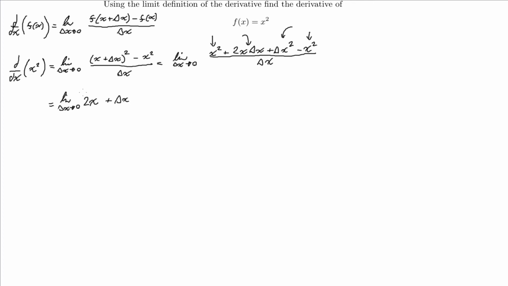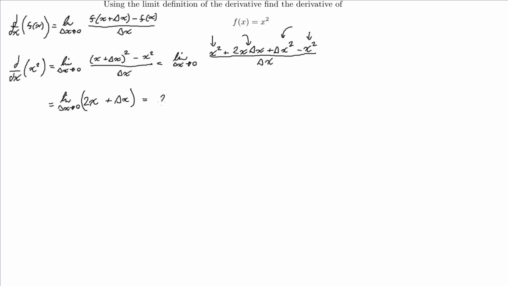plus delta x, right? And then, if you want, you can put parentheses around this, just so you don't think it's just multiplying this. And then what we're going to have, well, the 2x is basically going to come outside of the limit, and then we're going to get the following.